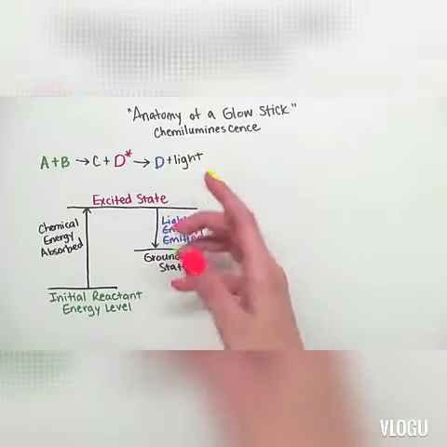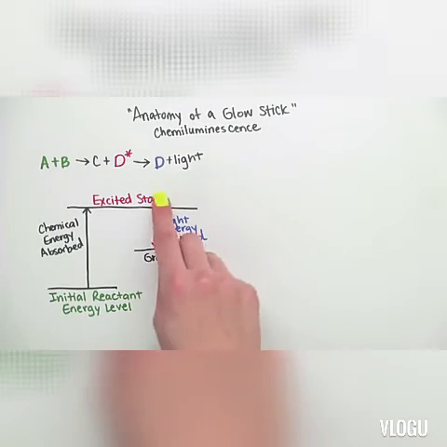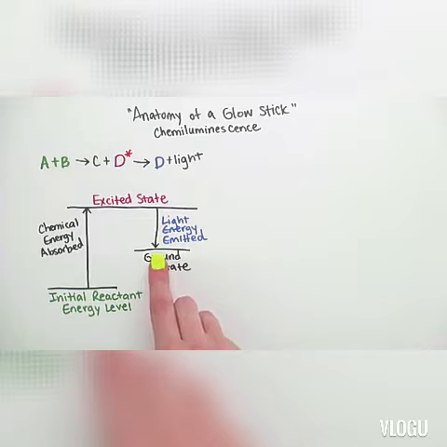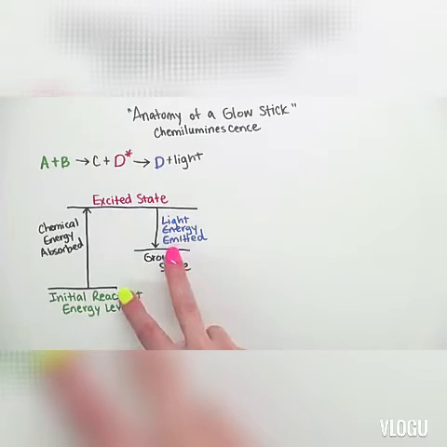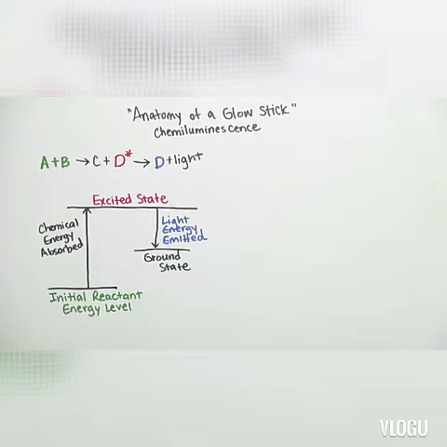Now to relax back down to where it needs to be, D emits energy as light. Now there's a different amount of energy in our reactants than our products, so that's why these two energy levels are different.